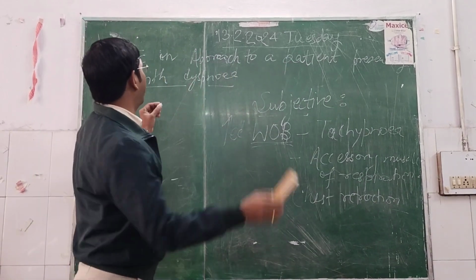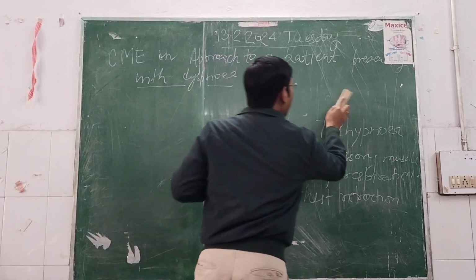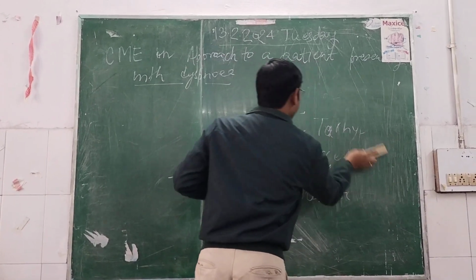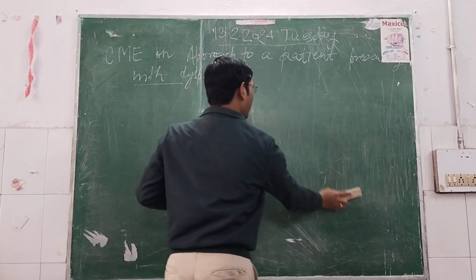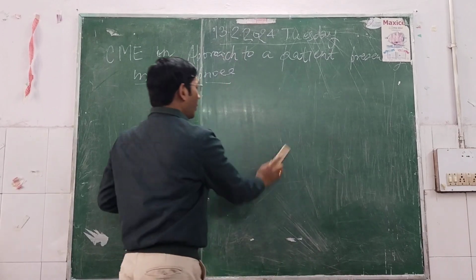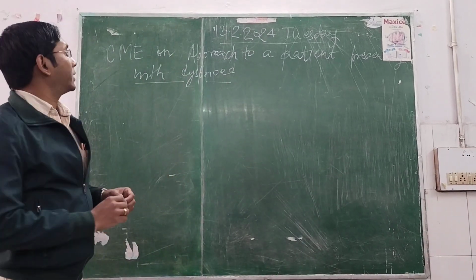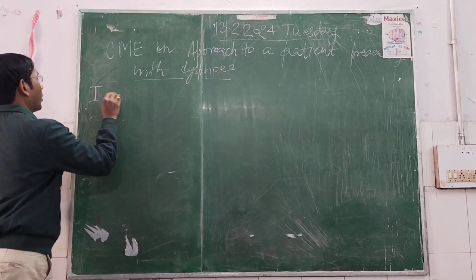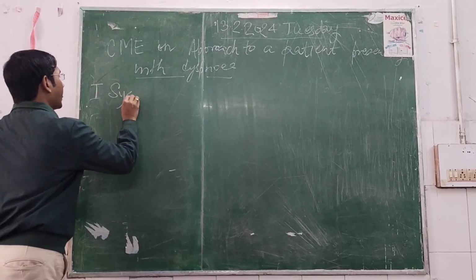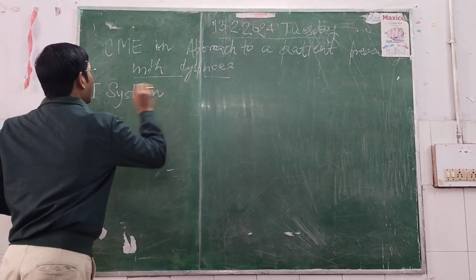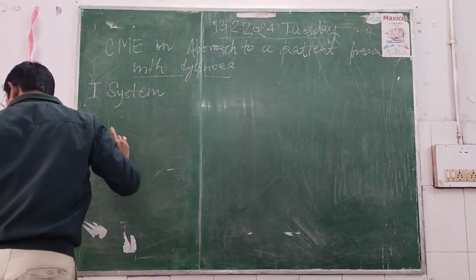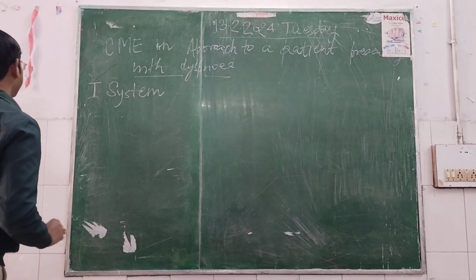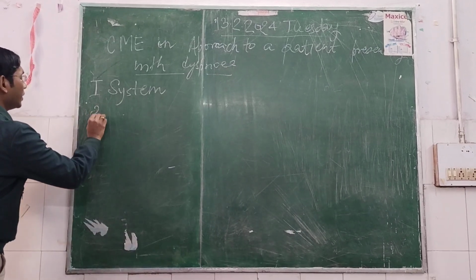Now coming to the approach to the patient with dyspnea. We shall discuss this approach under some headings, like first of all, system. I will be elaborating on all the things.